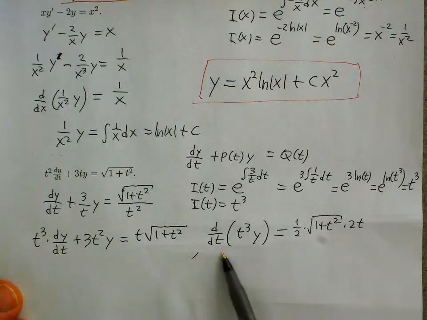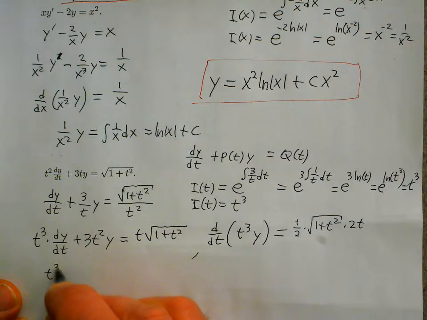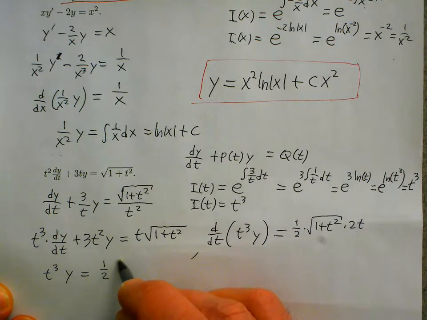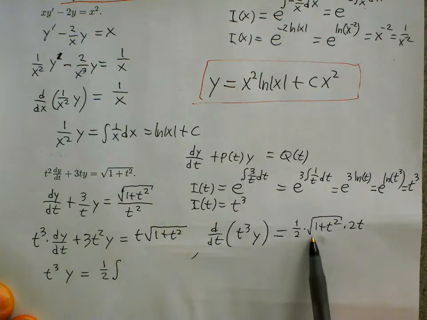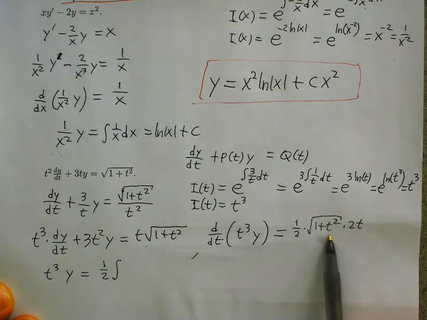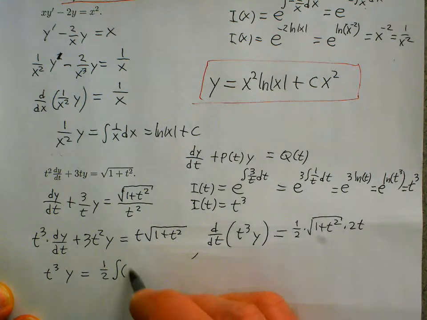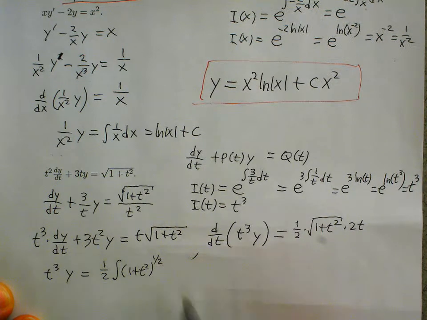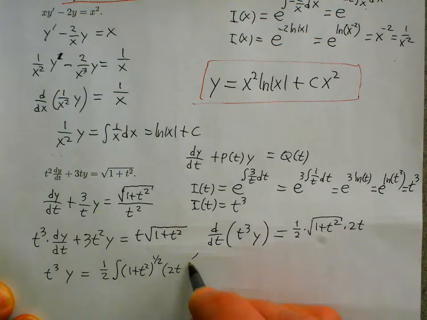So when we integrate both sides, the left-hand side will just be t to the third times y. And when we integrate the right-hand side, we have this factor of 1/2 out front. I'm going to rewrite the square root of 1 plus t to the second as the quantity 1 plus t to the second to the 1/2. And then we have 2t dt.